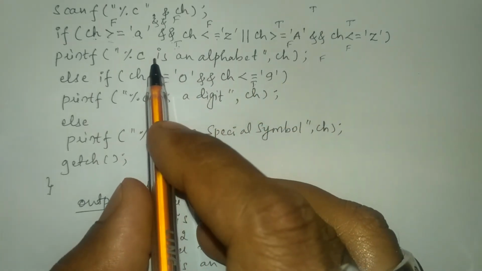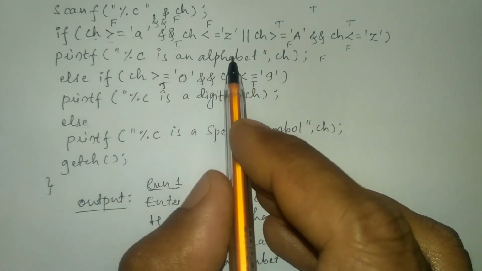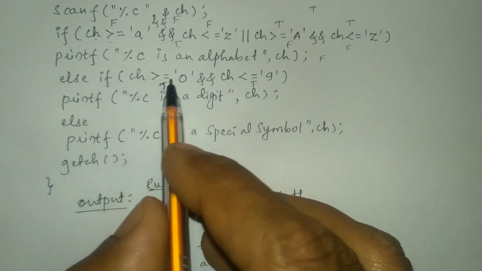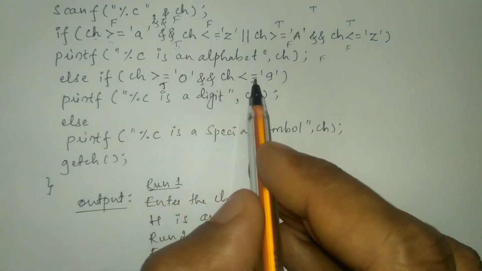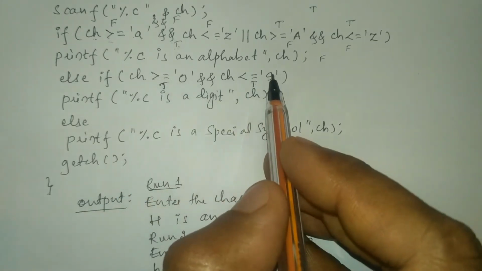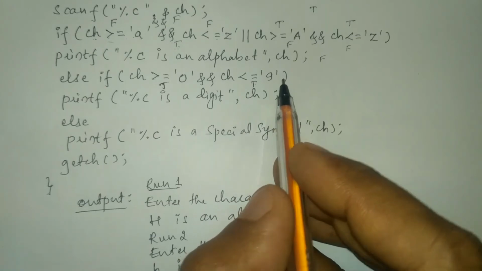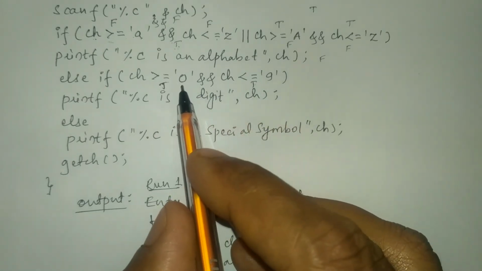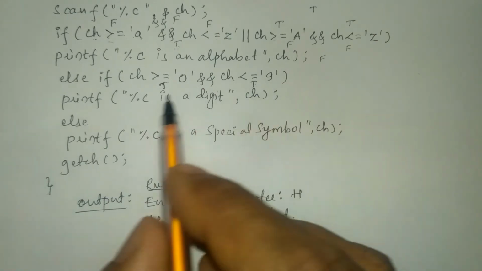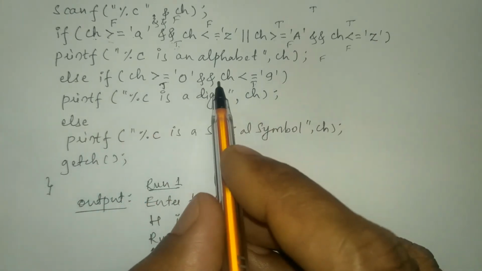If this condition is false, then this particular statement will not get executed. It is going to check the next condition. Else if ch is greater than or equal to 0 and ch is less than or equal to 9. Here in between the digits 0 and 9, question mark will not come. Correct? Because we have numbers 0, 1, 2, 3, 4, 5, 6, 7, 8, 9. So this is also returning a false value.